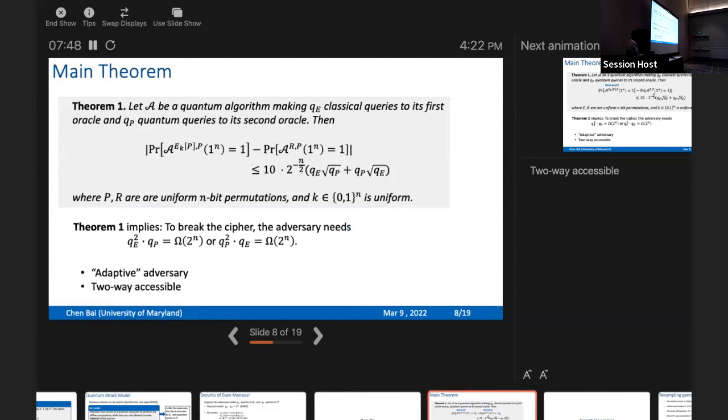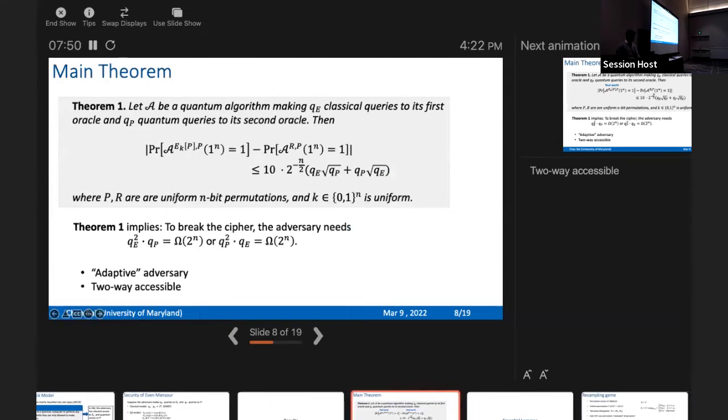Here is our main theorem. If you take a look at the equation, on the left-hand side, the adversary has classical access to the Even-Mansour cipher EK and quantum access to the public permutation P. We call this the real world. On the right-hand side, the adversary has classical access to a uniform permutation R and quantum access to P. We call this the ideal world.